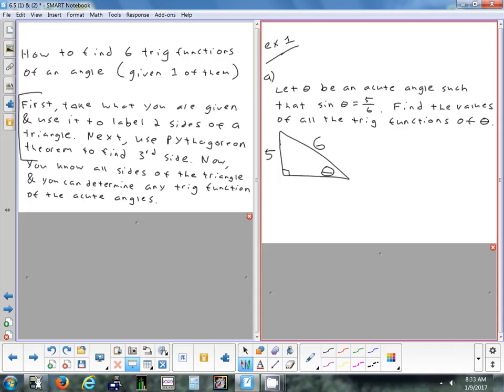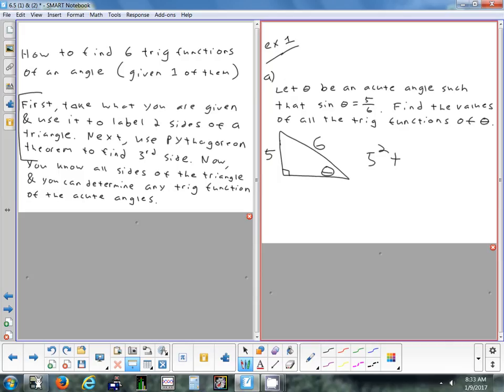And now using the theorem we proved earlier, a squared plus b squared equals c squared, this Pythagorean theorem, we can find the third side. Can somebody set up my Pythagorean theorem for me to find the third side? Yeah, Amanda? Wouldn't it be 5 squared plus b squared equals 6 squared? Yeah, 5 squared plus b squared equals 6 squared.